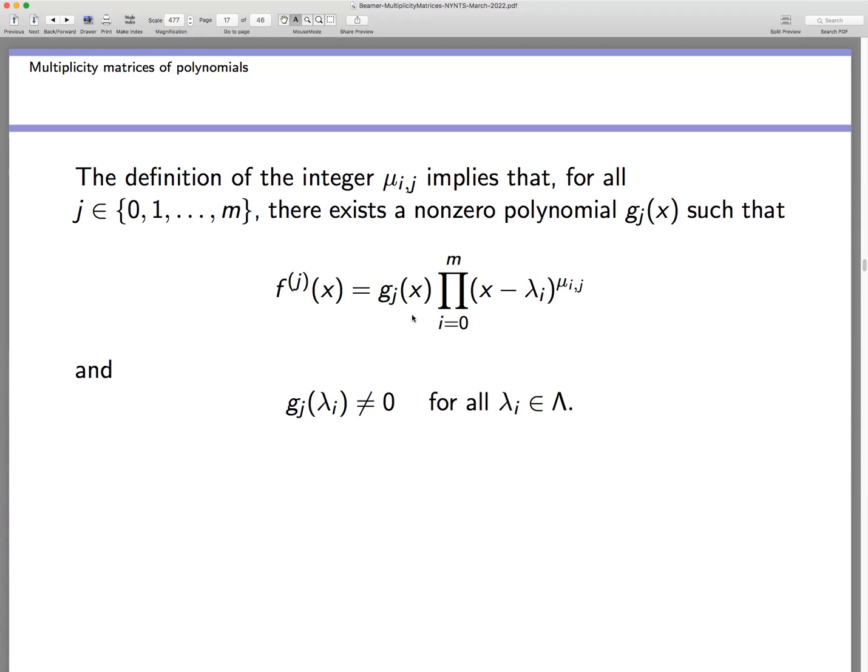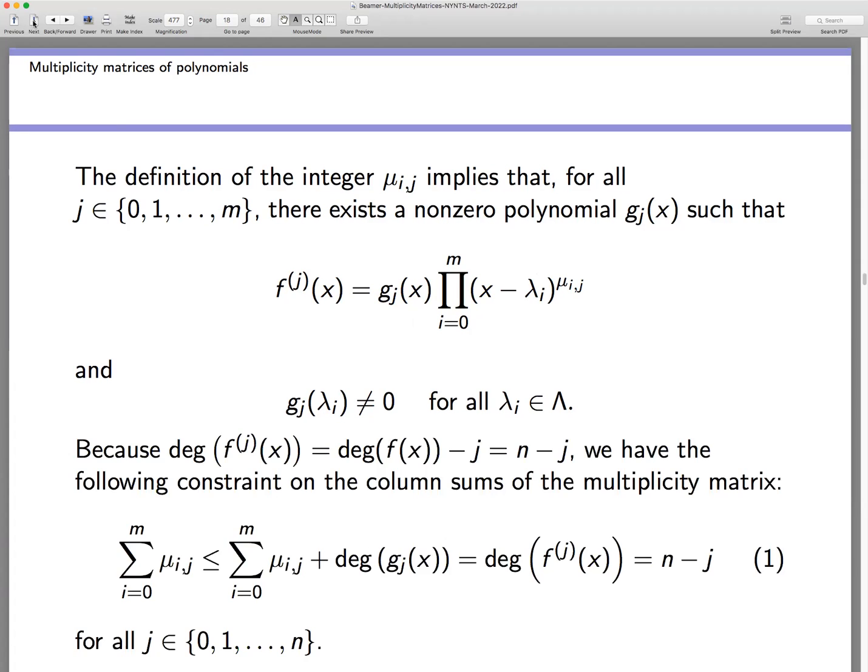So it's this product times some other polynomial g_j, which is not zero at any of the lambda_i's. And this is the jth derivative of a polynomial of degree n, so its degree is n minus j.